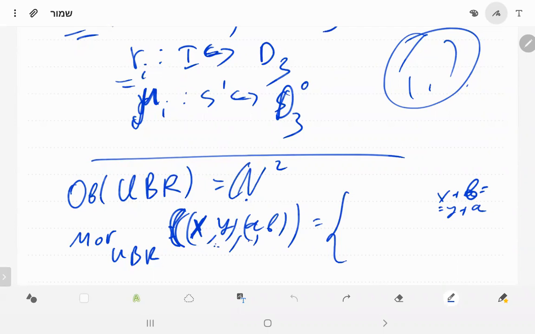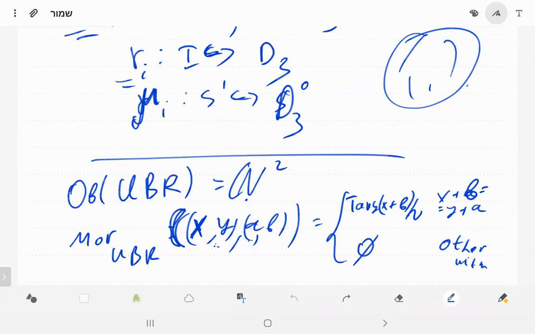If this is not the case, then there are no morphisms, no ways to connect things, so I put the empty set. And if it is, then the answer is very simple. I just take tangles of this size, x plus b, which is the same as y plus a, up to equivalence.